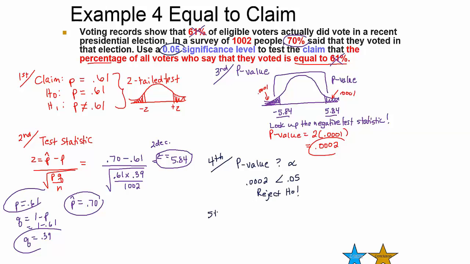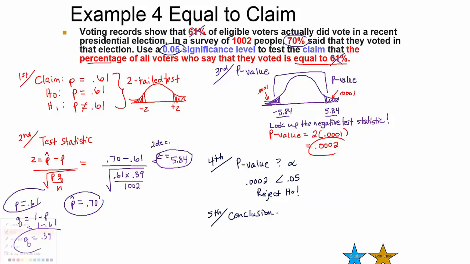So the fifth step is to word the conclusion. If we reject the null, we come up here to the null and we reject it, we throw it out. If we throw it out, then that leaves us with our alternative hypothesis. Now the alternative does not match the claim, so we're not going to be able to say we're supporting the claim this time. Our wording is going to be very different.